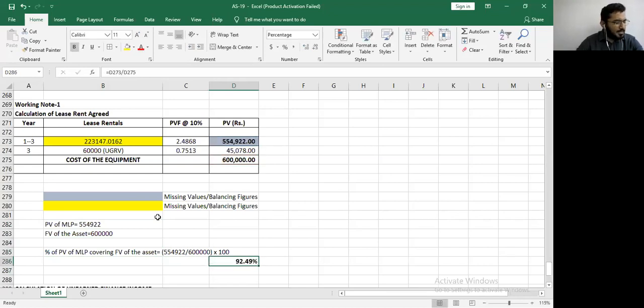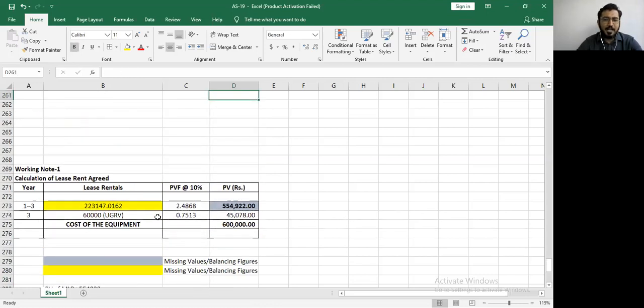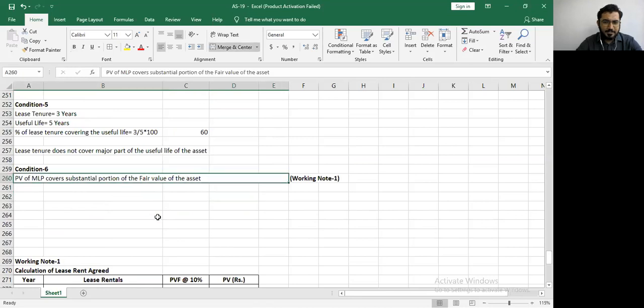You get 92.487. Does it exceed the substantial portion of 90%? Yes, it does. Which means this is a finance lease. 92.49%.